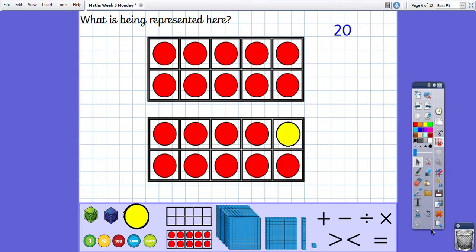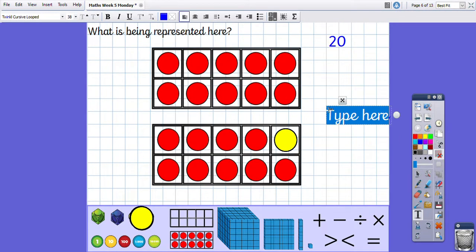What if I do that? I've still got 10 in this frame. But I know now I've got 9 red counters, because 10 take away the 1 yellow is 9. So I've now got 19 being represented. Can you all see that?